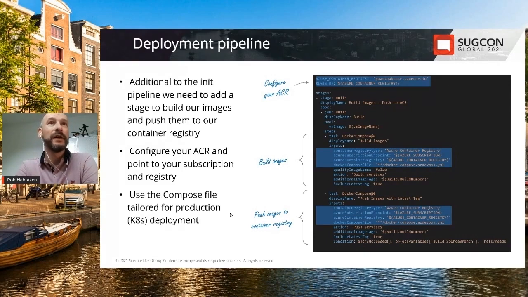So if your build fails, you're not going to push an invalid image or a missing image to your ACR. So you want to split that. And here again, we need to configure our Azure Container Registry, put in our subscription and a container registry. And also, as you can see here, we've used a different Docker Compose YAML file, especially tailored at the Azure DevOps environment that we're using, or the production pipeline. So this is our updated Docker Compose file.